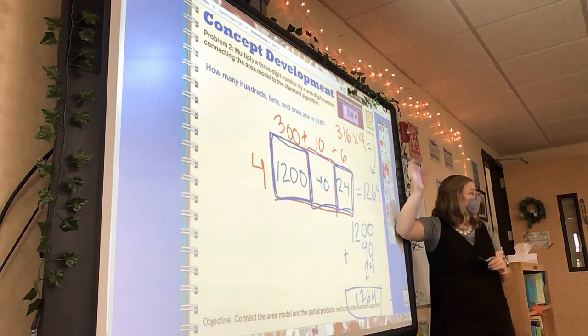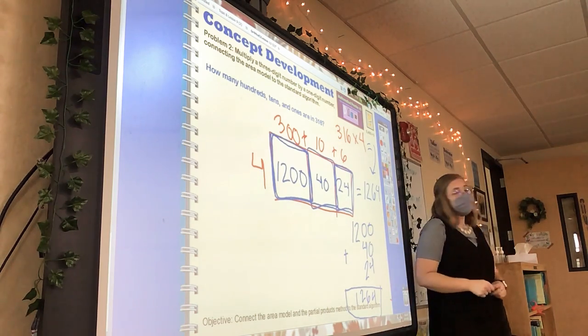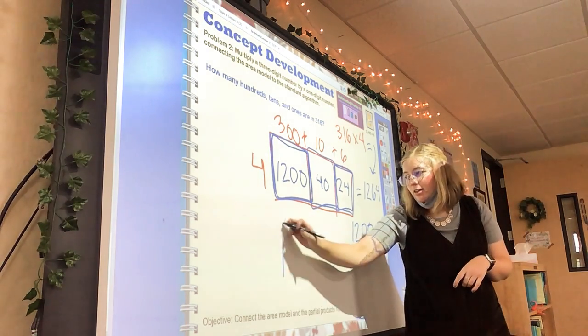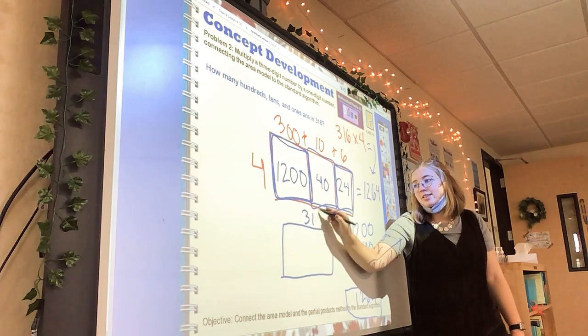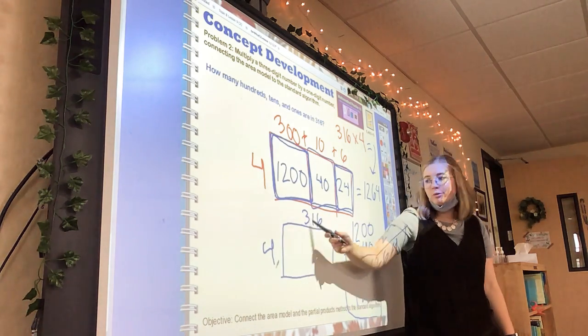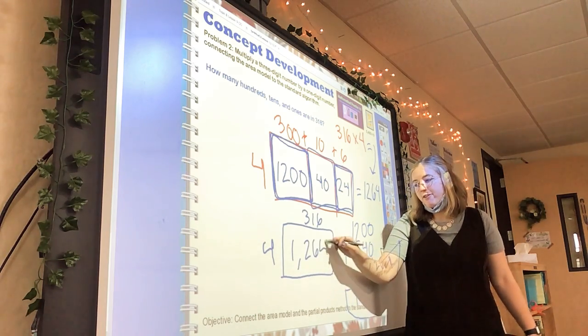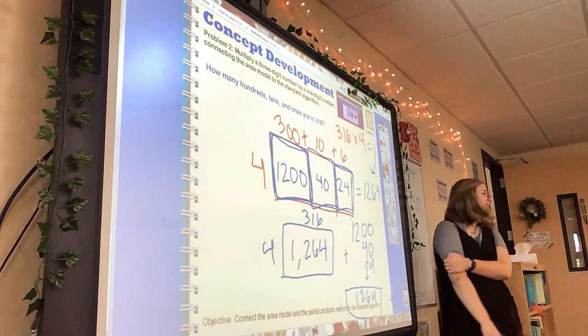It's just on the outside of the model. If you wanted to redraw the rectangle to match what's going on, you could say it's 316 times 4, and when we did that, we got 1,264. If you wanted to rewrite it, you could, but you don't have to.